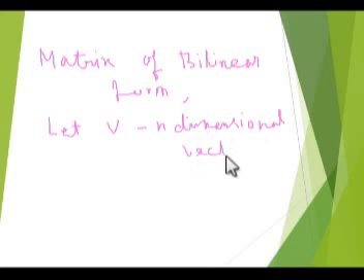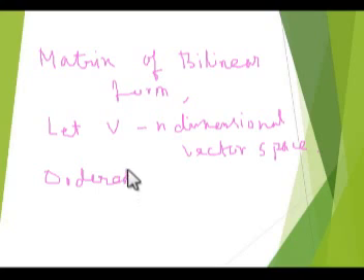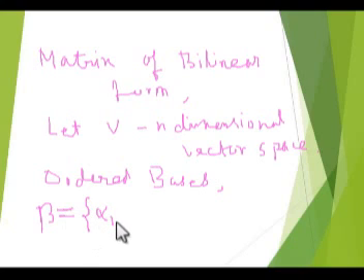Then it must have an ordered basis, and we are taking the ordered basis beta of V, whose basis elements are alpha 1, alpha 2, and so on. The last basis element is alpha n.